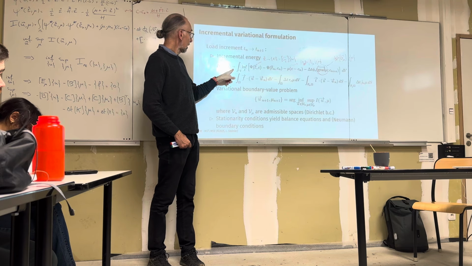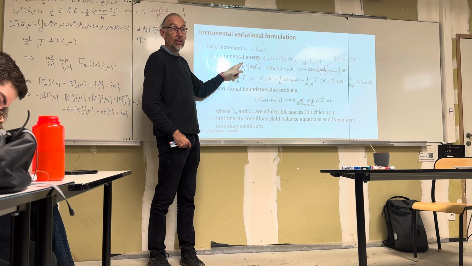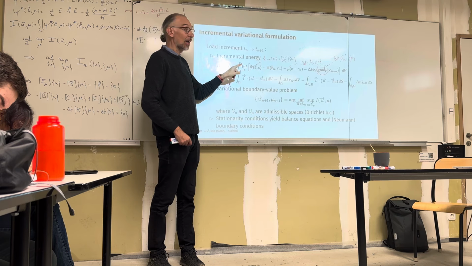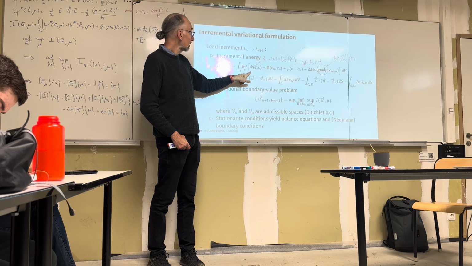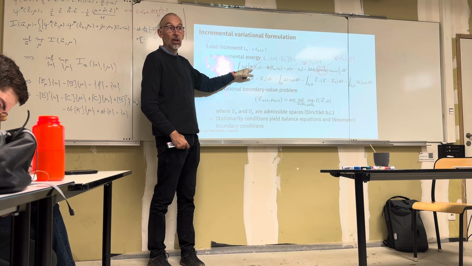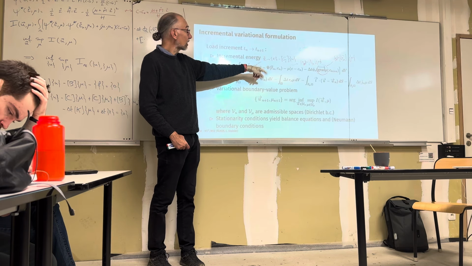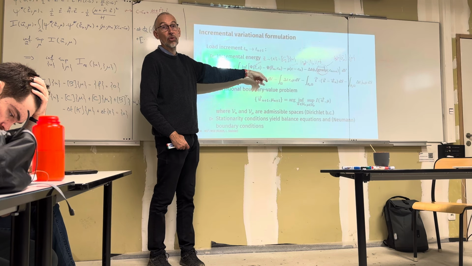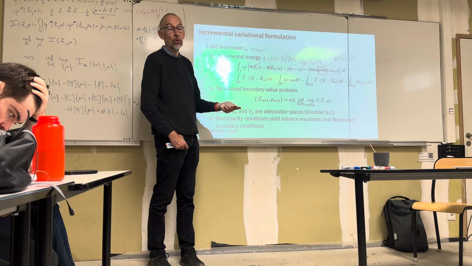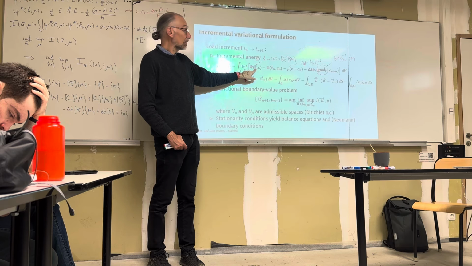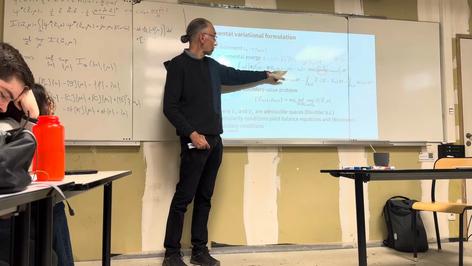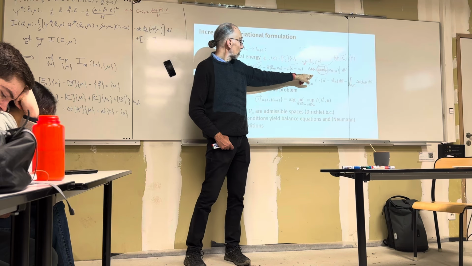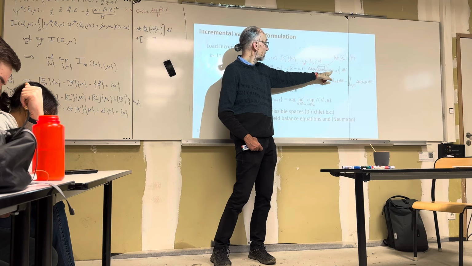Now I've got the inf over C, but the C is a local thing. So at every integration point, I can evaluate C by doing the local minimization. For a given array U and a given array mu, so for given nodal values of U and mu, I can evaluate this at every integration point.